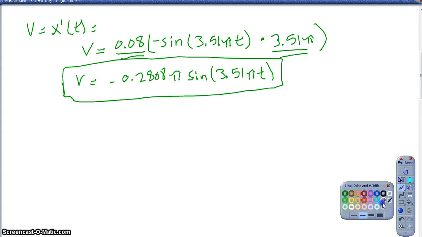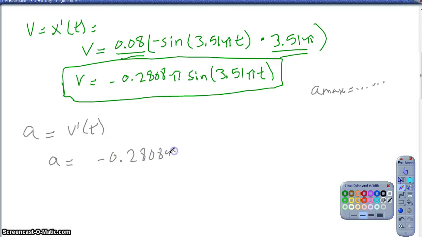Let's do this one more time. To find the acceleration function, you could use the max acceleration, and there are a couple of different ways we can find that. But I think it's really not that bad to just do a second derivative, the derivative of the velocity function. So my acceleration function is negative 0.2808 pi.